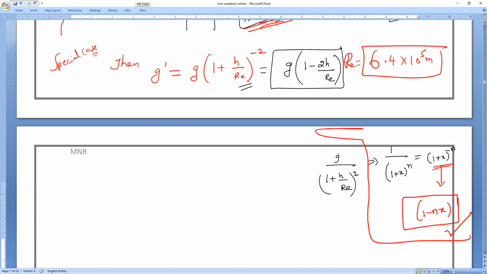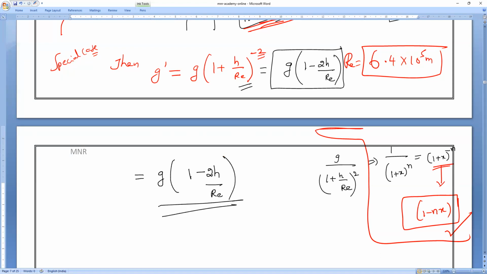So here n means what? Everybody, check it. Same formula, guys. So G into, if you observe, 1 plus, actually, minus 2h divided by RE. That's all. That is how the formula comes.